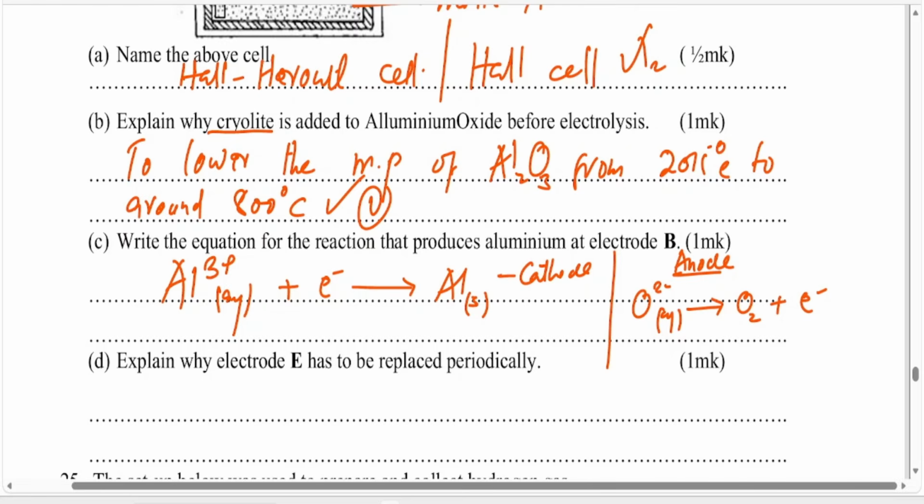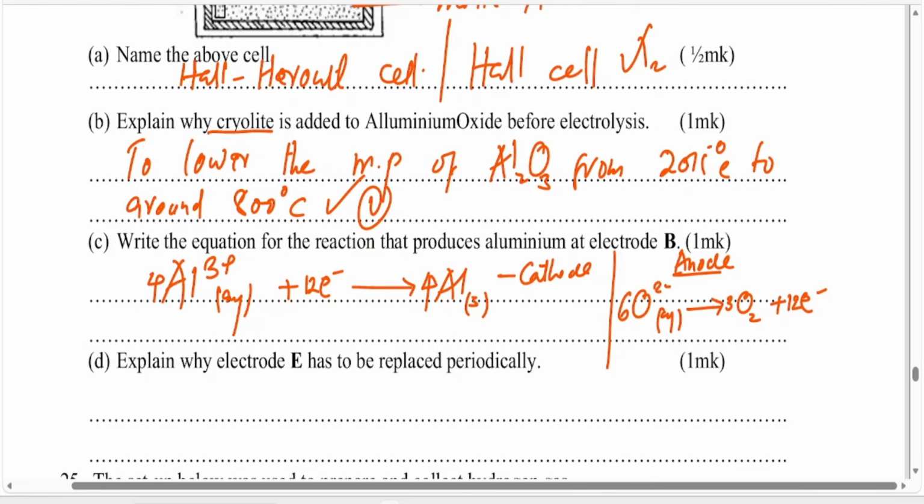So I'll multiply for the anode by 6, because those will be 12 electrons that have been discharged, and for the oxygen it will be 3. So that now we have 6 oxygens. Then as I try to balance for the electrons in aluminium, I make them 12, so I multiply by 4, and the aluminium here will also be 4.